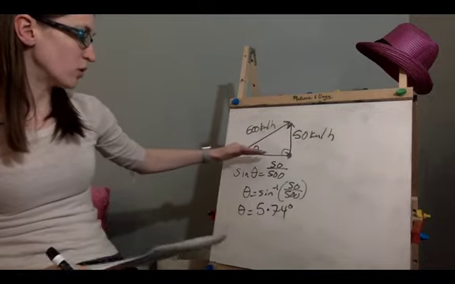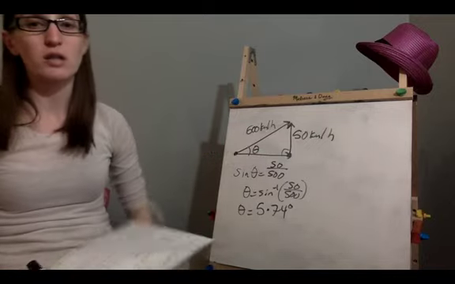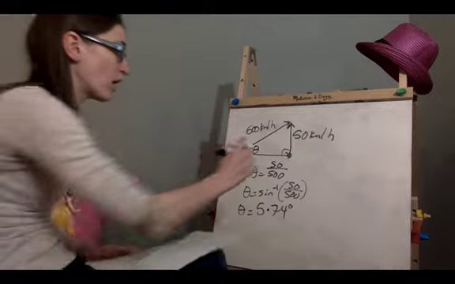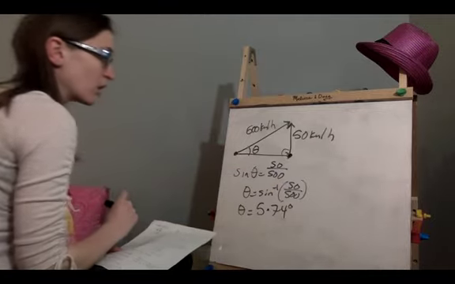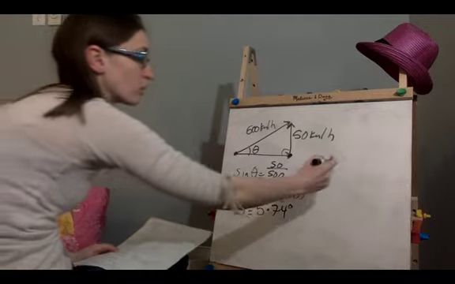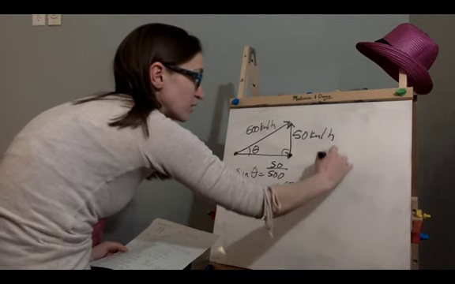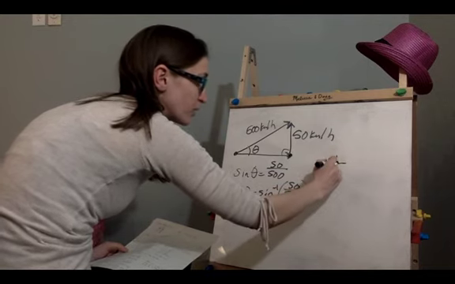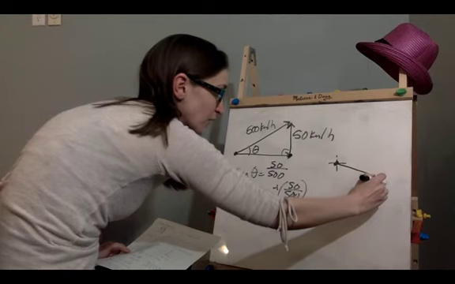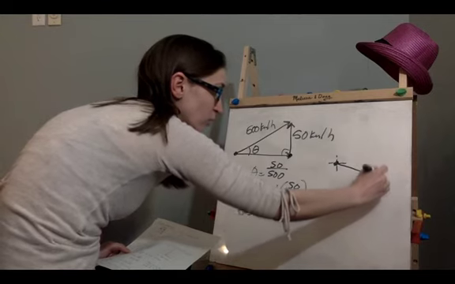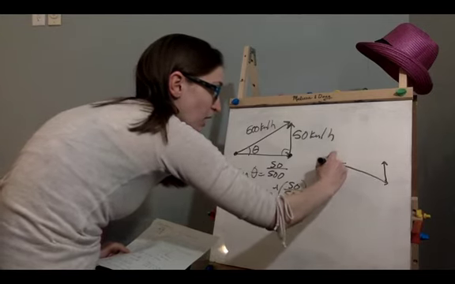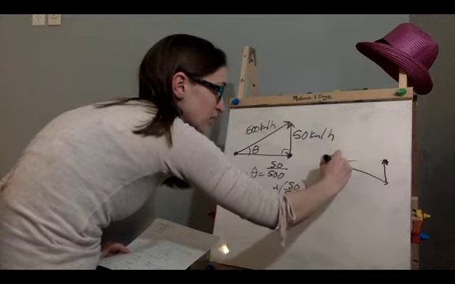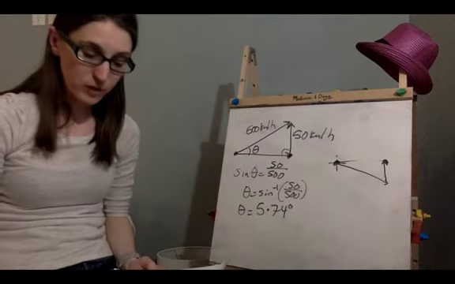So it gets blown 5.74 degrees off course, which means if it wants to end up over here, and the wind is going to push it north, what I should do is aim 5.74 degrees down this way, so that when the wind pushes me up, I end up exactly east from where I started, right?